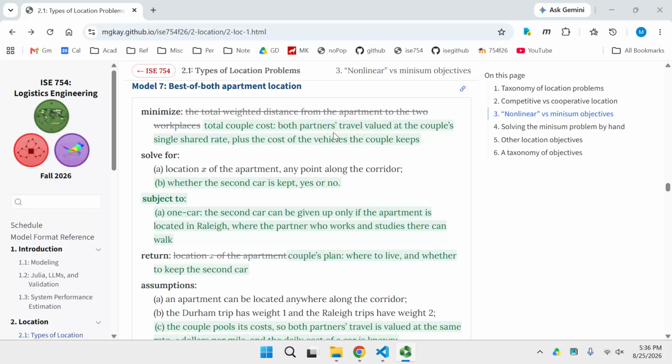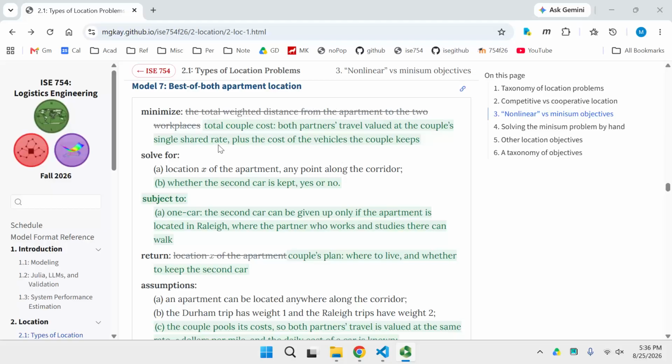So to do this, just like we had to include hot dogs together with the travel cost of the hot dog stand, now these two factors have to be made commensurate with each other so they can be combined in the same objective function. And here they're going to be made commensurate by putting a dollar cost, just like we did with hot dogs and travel to the hot dog stand. So here we're going to include the partners' travel valued at whatever their shared rate is.